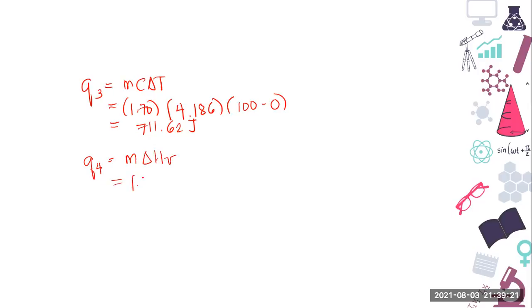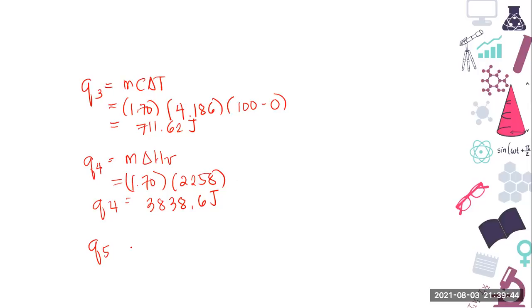So this is 1.7, and then you use the HV, which is 2258. So Q4 now is equal to 3838.6 joules.